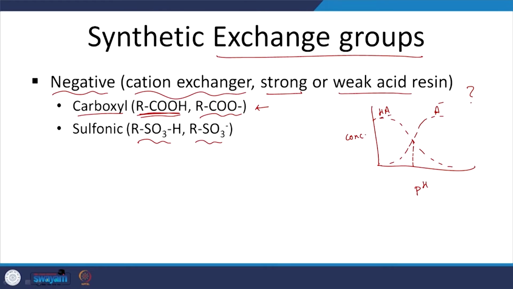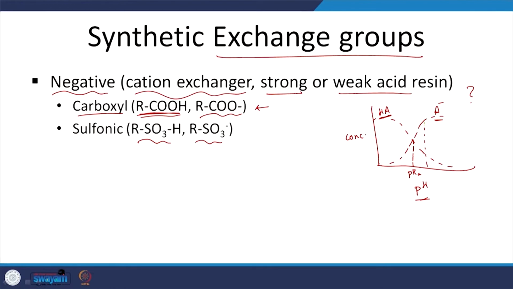The kind of compound that is going to be present depends upon the pH, and the point at which the concentrations are equal is pKa, the acid dissociation constant. pKa is a constant for that particular compound, from the equilibrium constant. If pH is greater than pKa, which form is going to predominate?